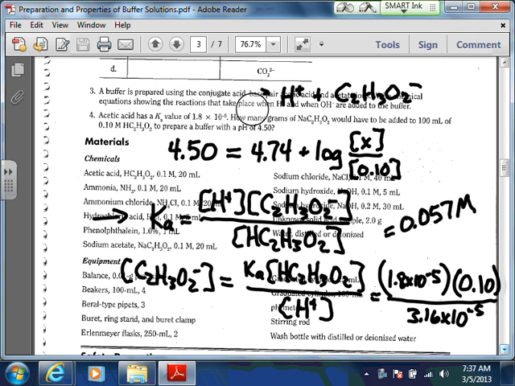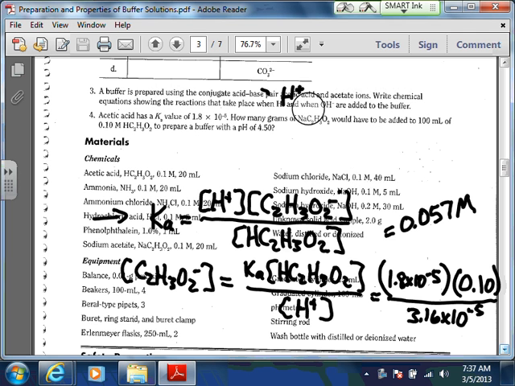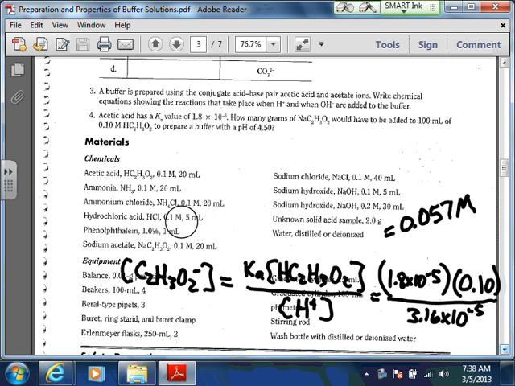So I'm going to get rid of some of this stuff so that we can think about this here. Okay, so they're wanting to know how many grams would have to be added to 100 milliliters of solution to prepare that buffer. So the first thing we're probably going to have to figure out is the number of moles.